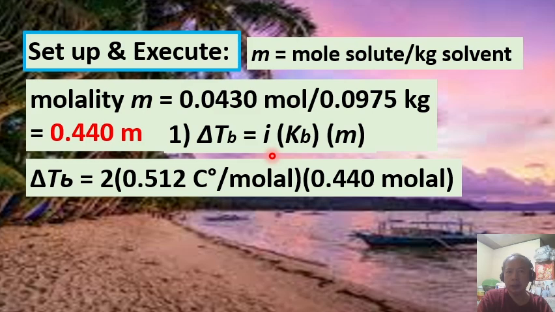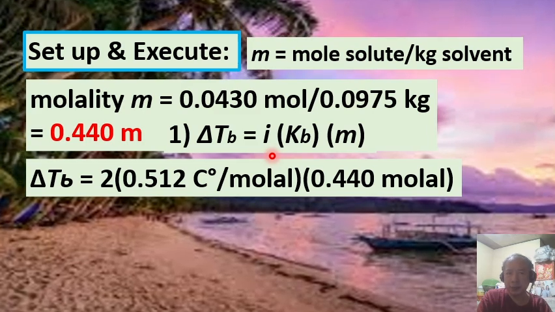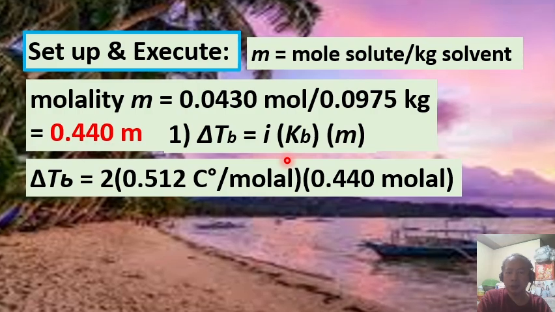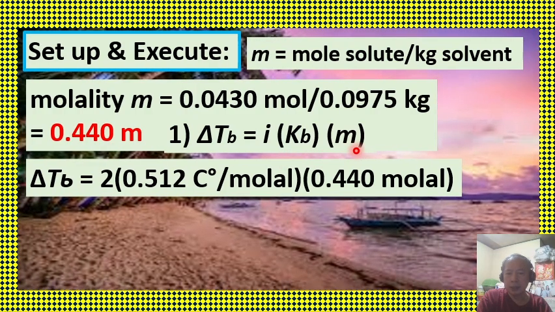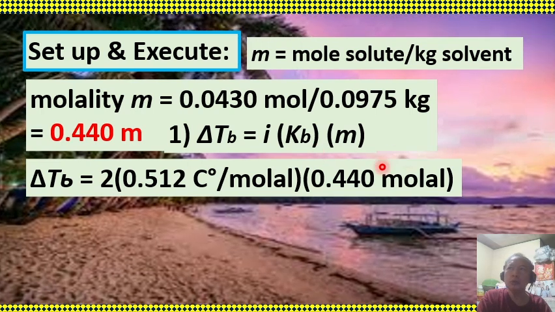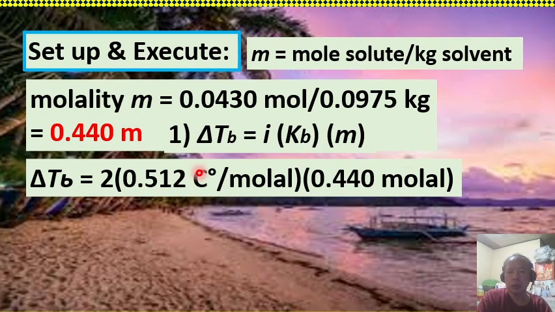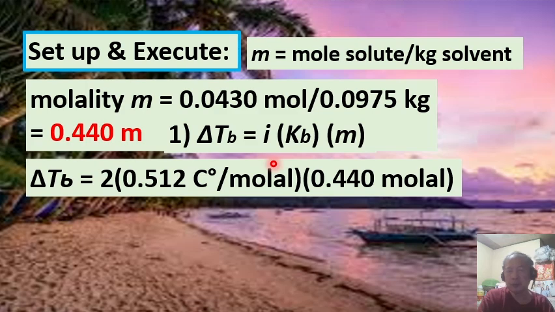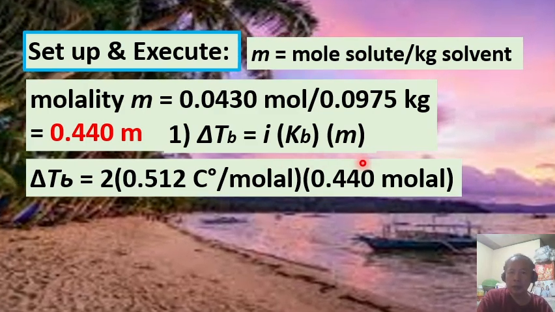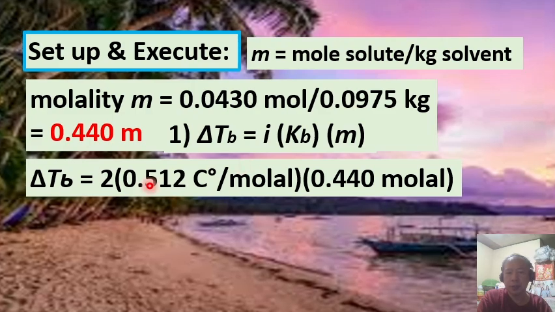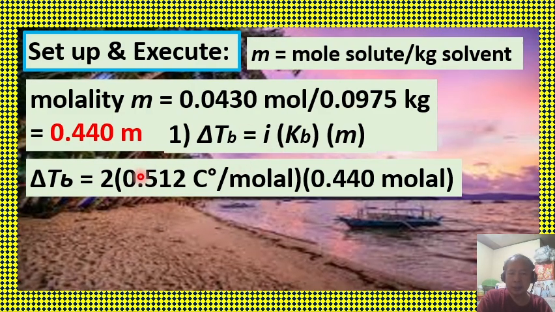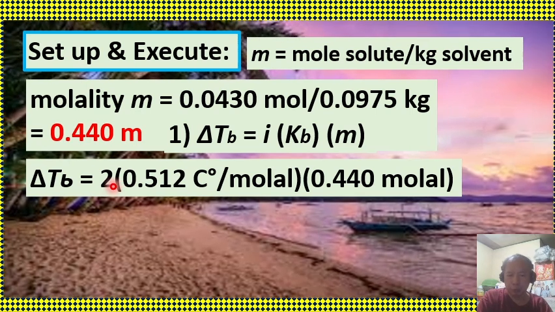When sodium chloride, which is an ionic salt compound, is dissolved in water, it dissociates into two ions, one positive sodium ion and one negative chloride ion. That's why i here has a value of 2.